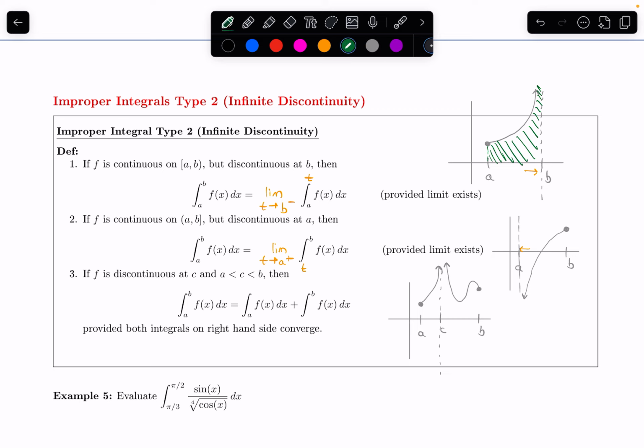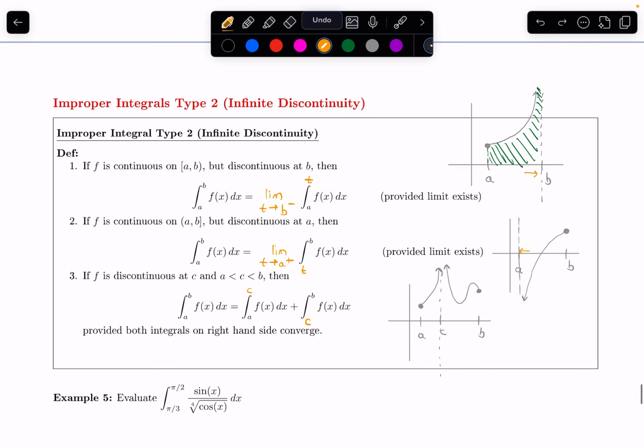If something like that happens, then I have to split up my integral into two pieces. I'll do one integral that starts at a and goes up until that discontinuity at c, and then pick up my next integral and have it start at c and go up until b.